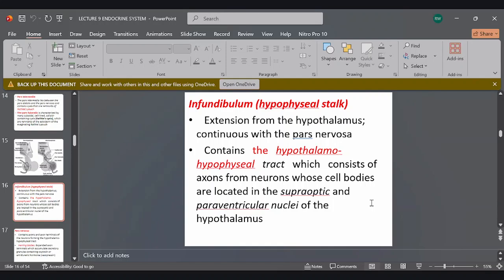The pars intermedia is the one between the pars distalis and the pars nervosa, and it contains remains of cysts. The cells are remains of Rathke's cysts.